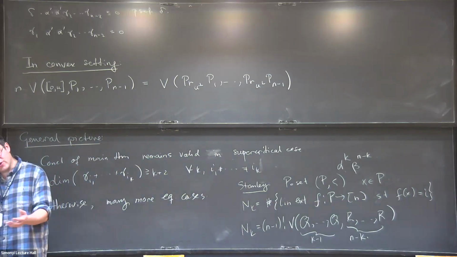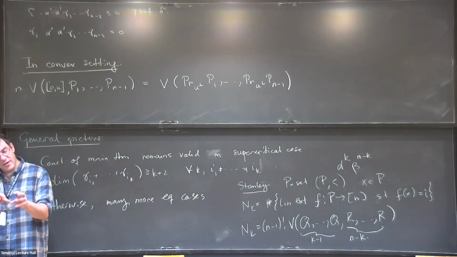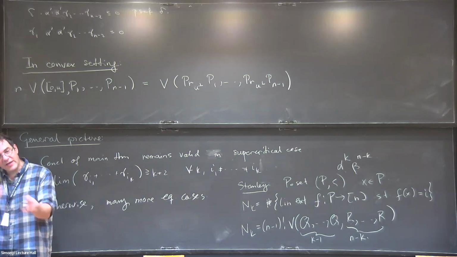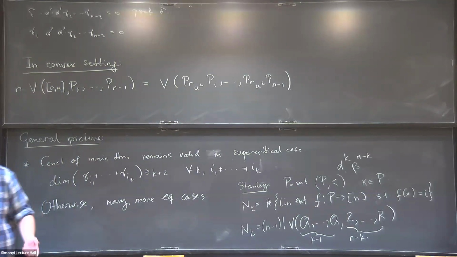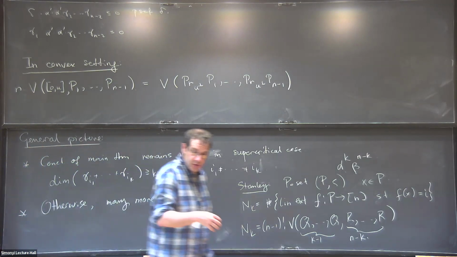And then we had to do some work, because now we know something about the dimensions of the faces of these order-like polytopes. We had to translate that geometric information back to combinatorial information about the poset, and this required some problem-specific arguments. But that's how you can find equality cases of combinatorial inequalities.